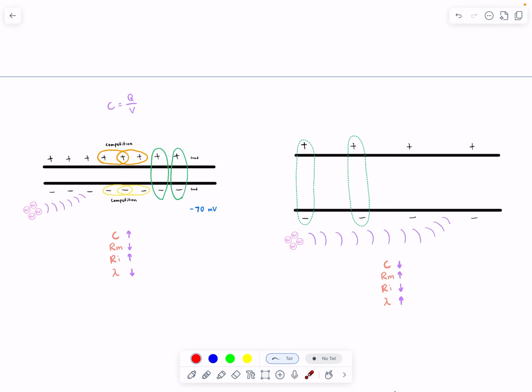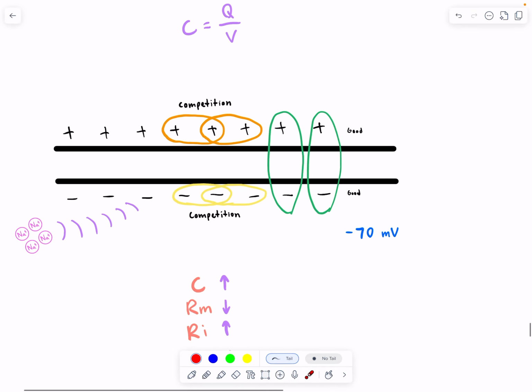So let's explain this a little more. The problem here is that membrane resistance is very low. There's not much between this positive charge and this negative charge, so they are very attracted to each other.